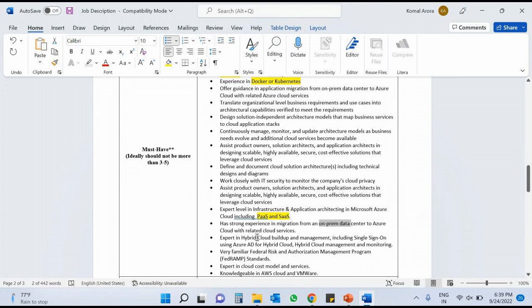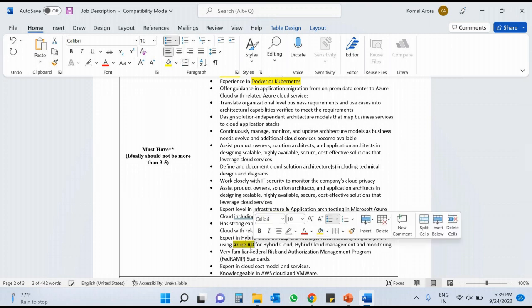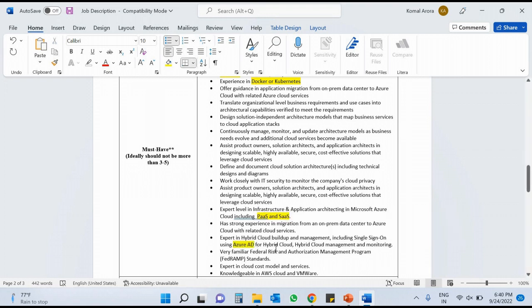Already highlighted. Expert in hybrid cloud, including single sign-on with on-prem using Azure AD. This Azure AD is a technology. AD means Active Directory. For the hybrid cloud, friends, do not get confused by hybrid, private or public cloud. Just focus on the Azure cloud.